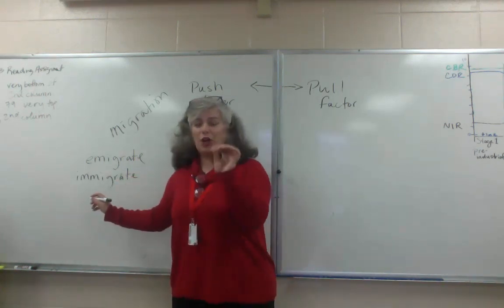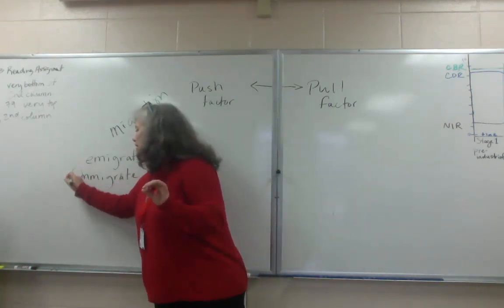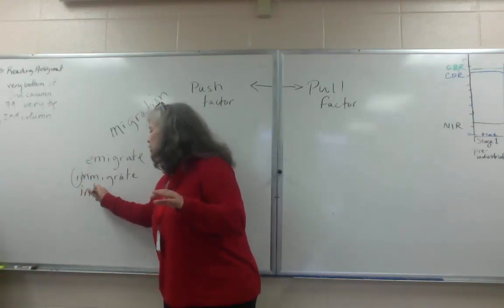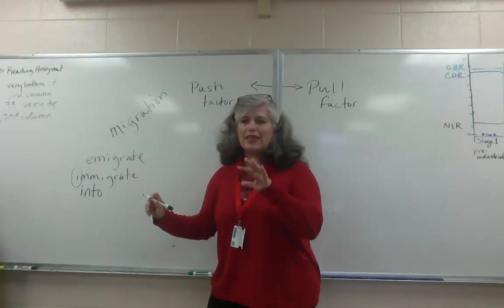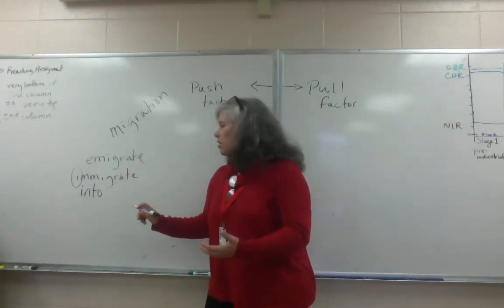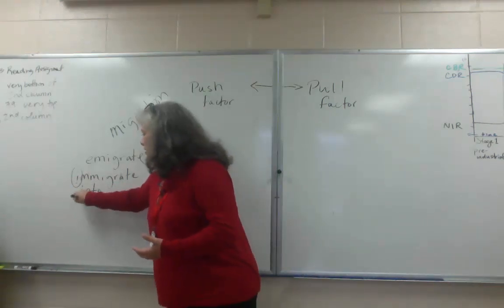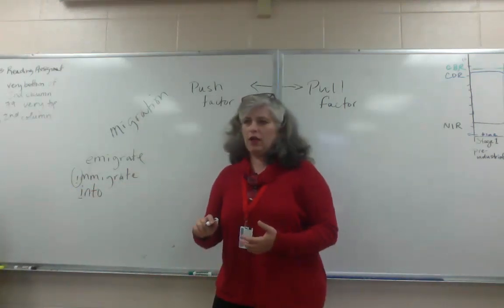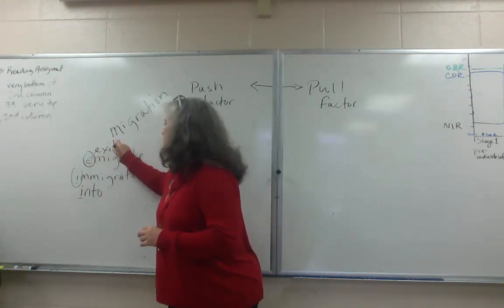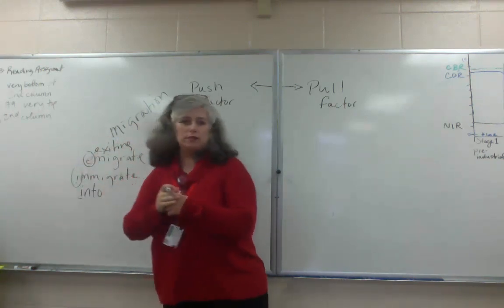Yes, good. The one that starts with the I, you are going from someplace into another one. And the idea is that it's going to be a permanent situation. So the I here, you're going into. The other one you're exiting. Very good. The other one, you are exiting a place for another place.